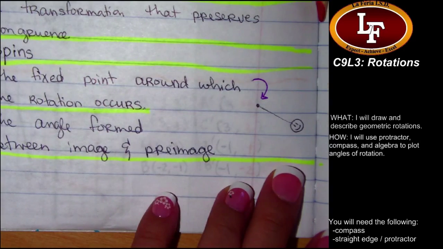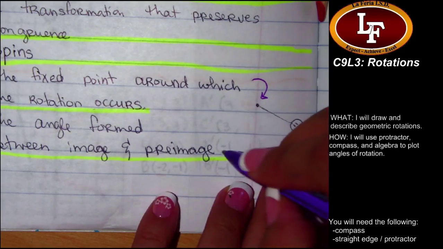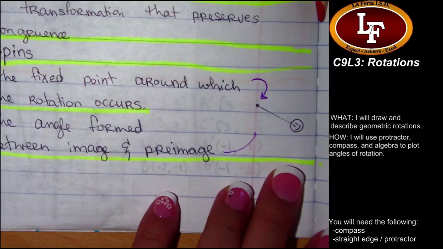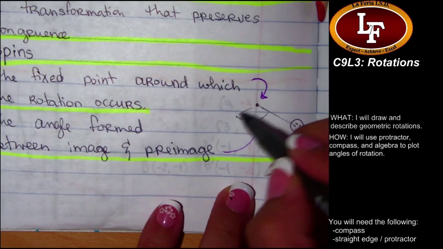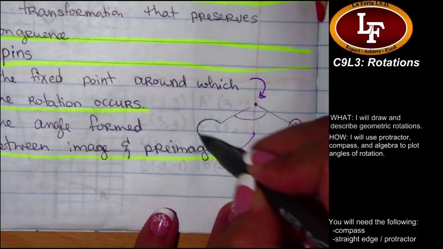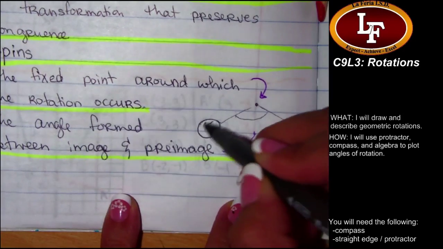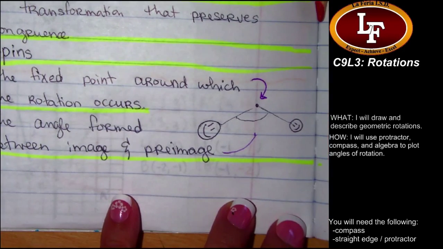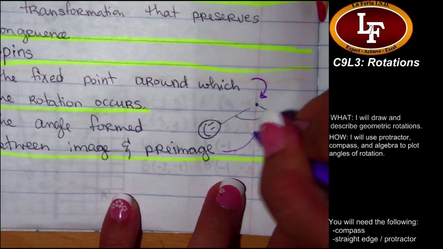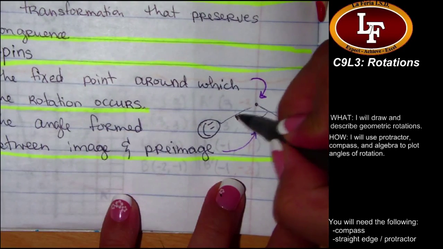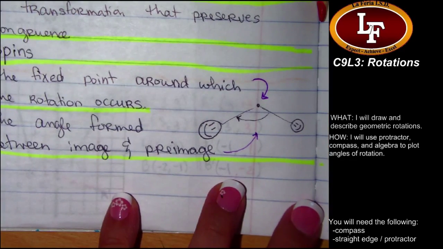Well, the angle of rotation is going to be this angle right here that we create between two strings that are attached to our image and our pre-image. Pretend they're the same size. Okay? So this right here is our angle of rotation.